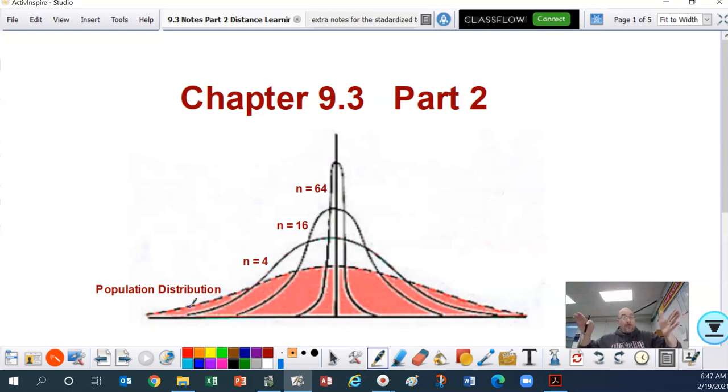Because think about it, the population distribution contains the extreme lows to the extreme highs. It contains everything, so it's more spread out. But as you sample, and the size of your sample goes up, again, this is the central limit theorem at play here, the sides start to draw in. It gets less variable, and this is a good picture.